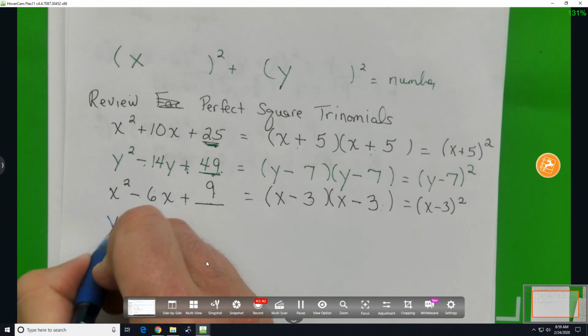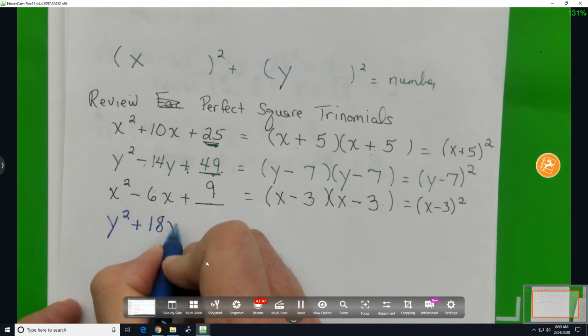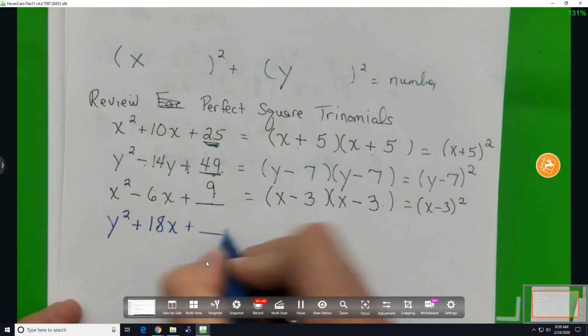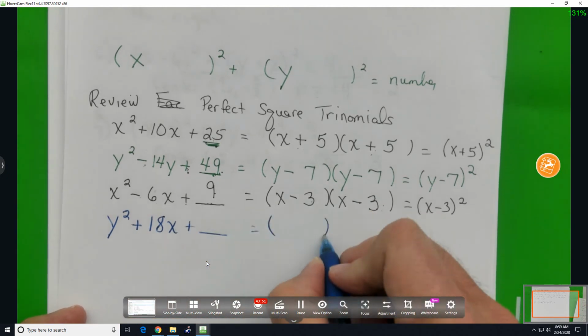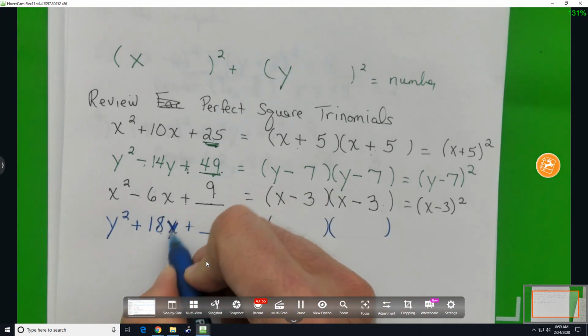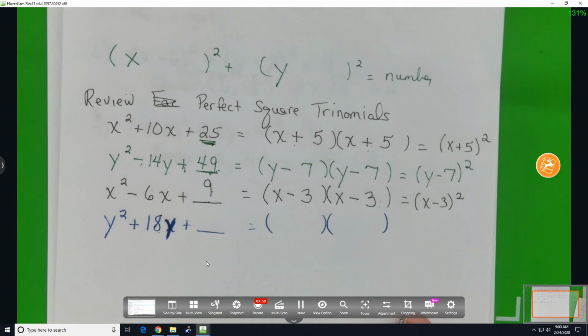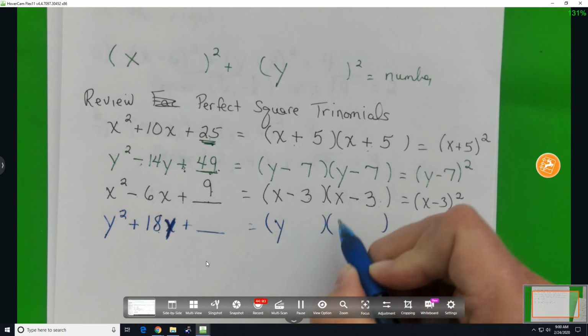If we had a y squared plus 18y. Sorry about that. Y squared plus 18y. If I were factoring this, I'd put y and y.